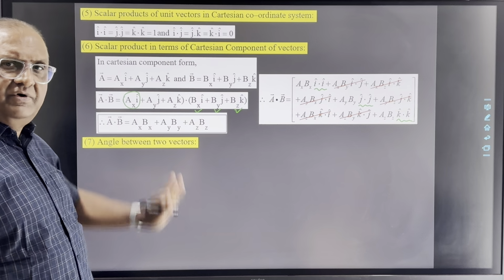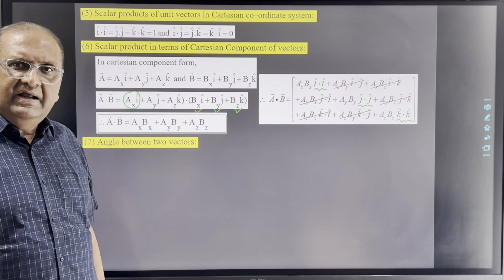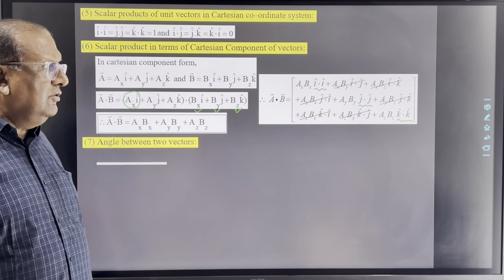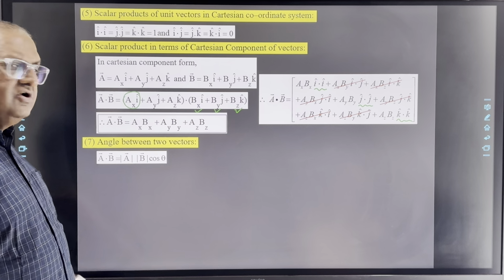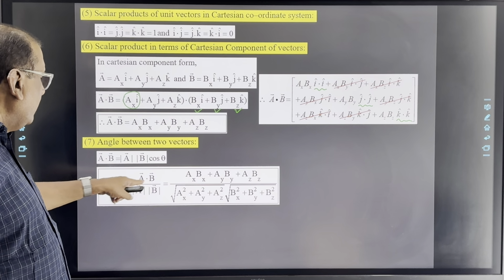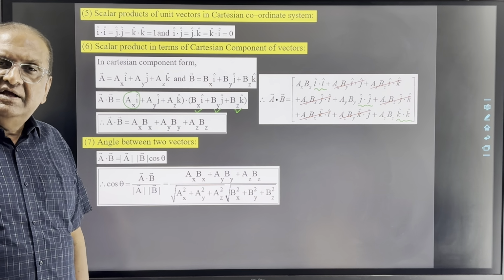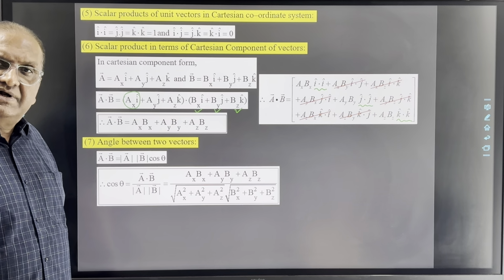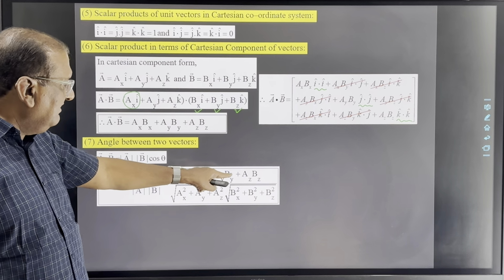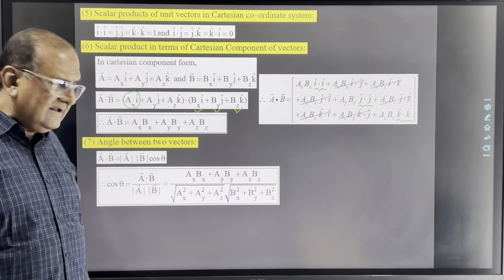Now see, if we want to find the angle between two vectors given to you in Cartesian component form, we know A dot B is AB cos theta. So we can write cos theta as A dot B upon AB. In Cartesian component form, A dot B is AX BX plus AY BY plus AZ BZ.